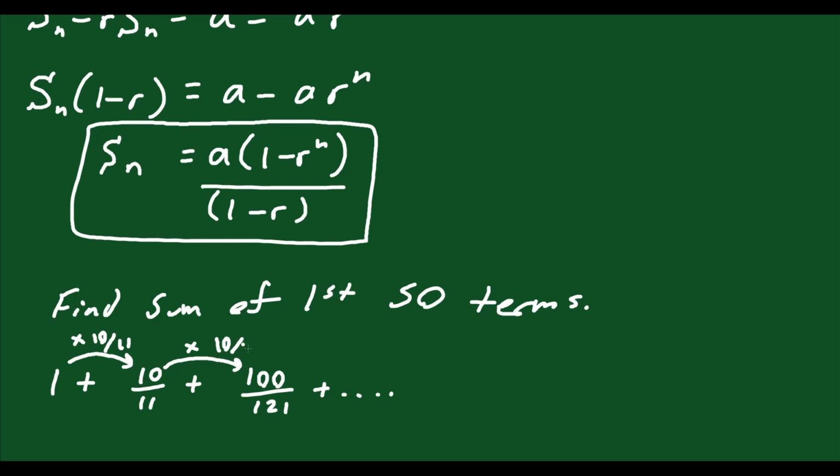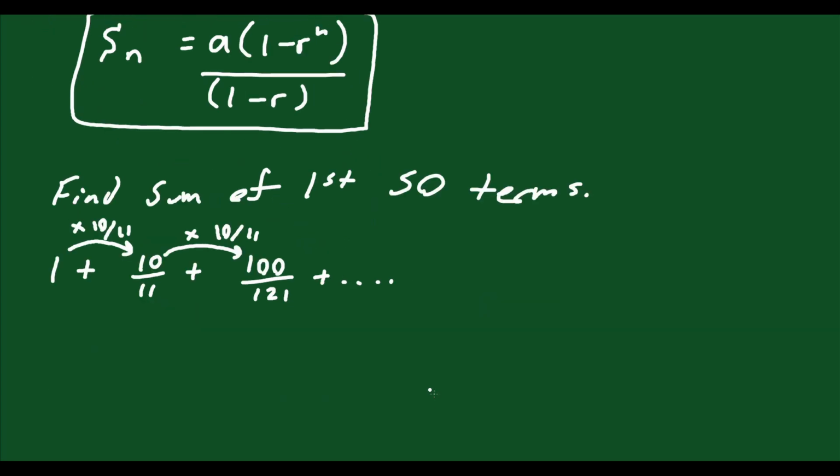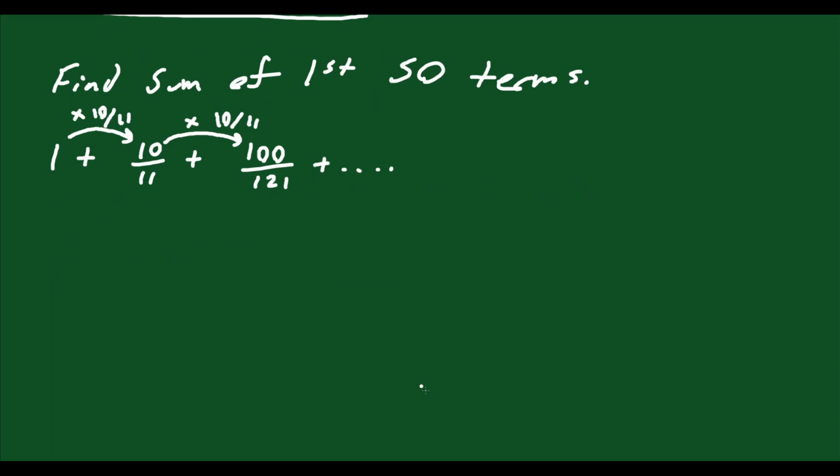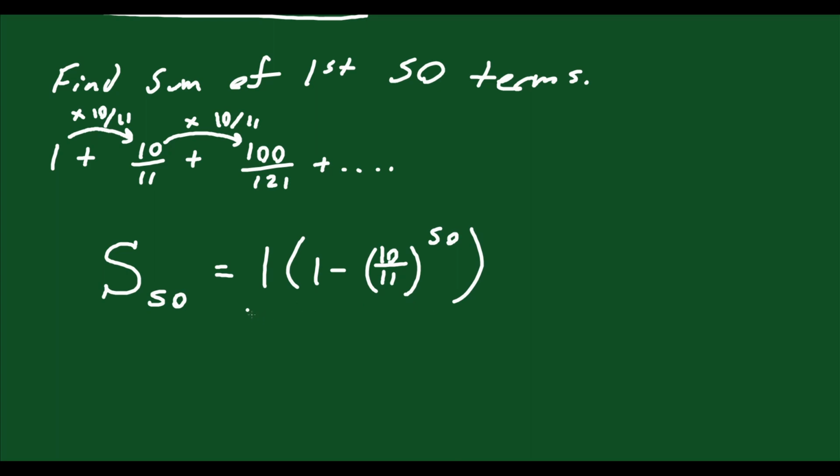Now, what is this going to turn into? When I take the sum of the first 50 terms, it will equal 1 times 1 minus r, which in this case is 10 over 11, to the exponent of 50, divided by 1 minus 10 over 11. If you calculate this, you're going to get approximately 10.906.